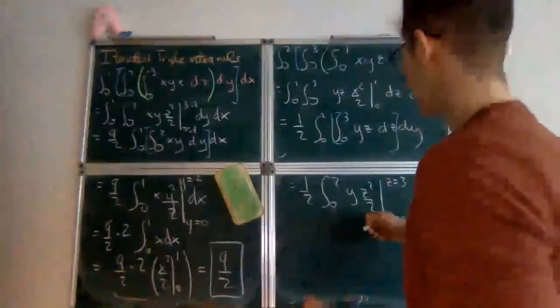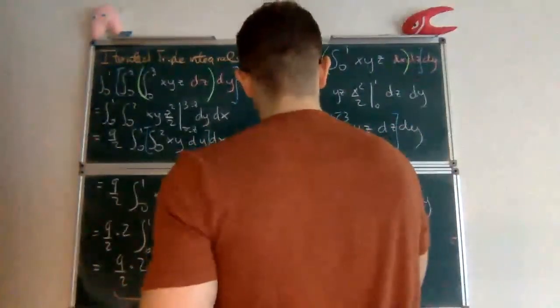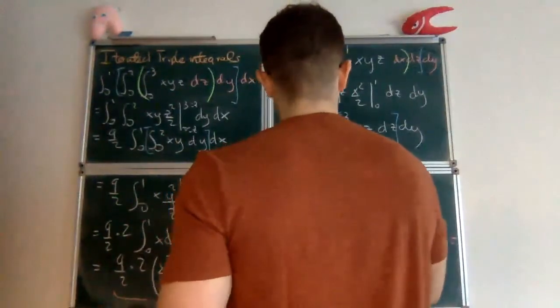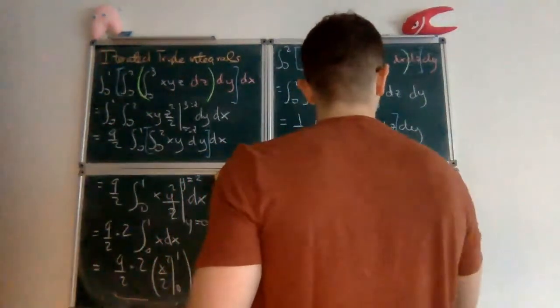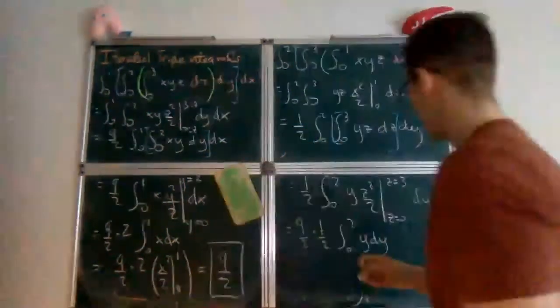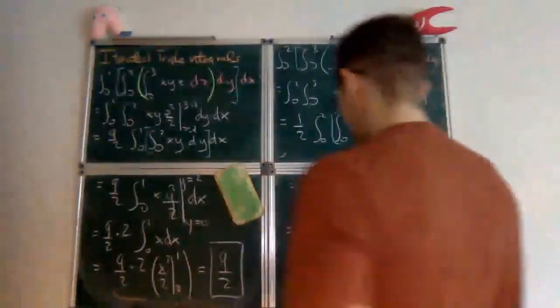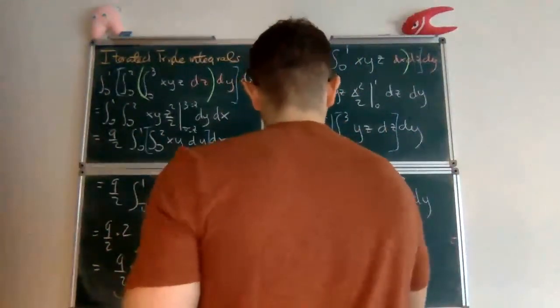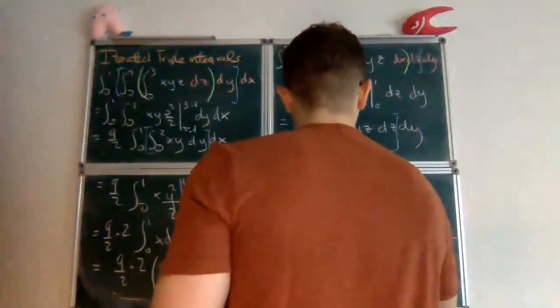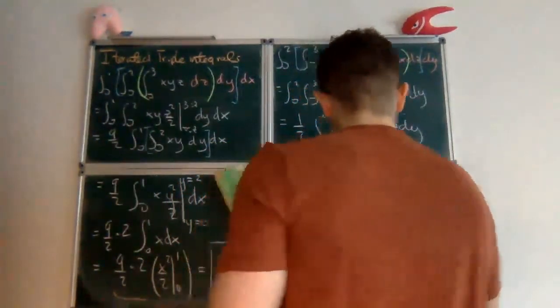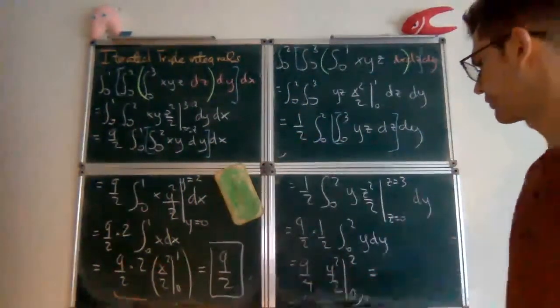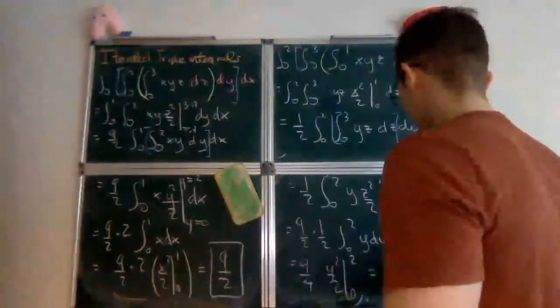And so again, this gives you 9/2, so you get 9/2 times 1/2 times the integral from 0 to 2 of y dy. That's y squared over 2. So this is 9/4 times y squared over 2 from 0 to 2. And again, this is 4 over 2, that's 2. And so you get 9/2.